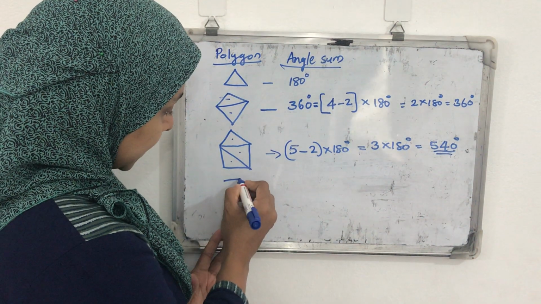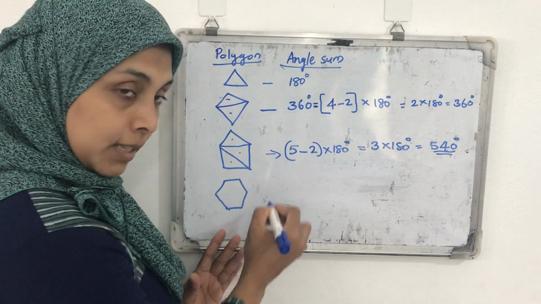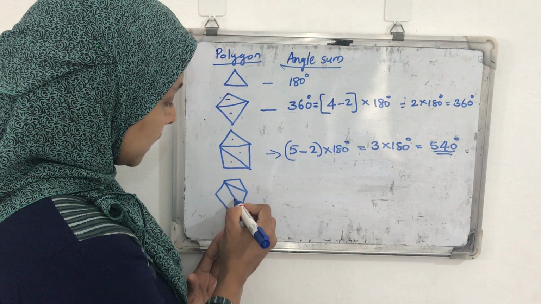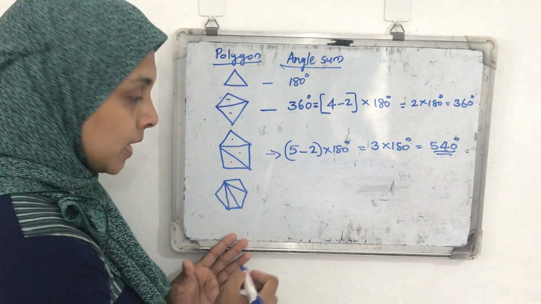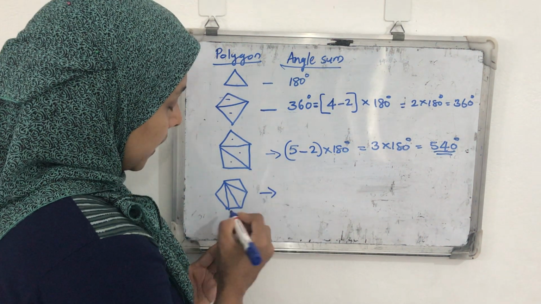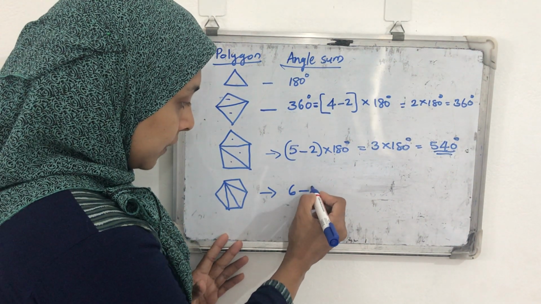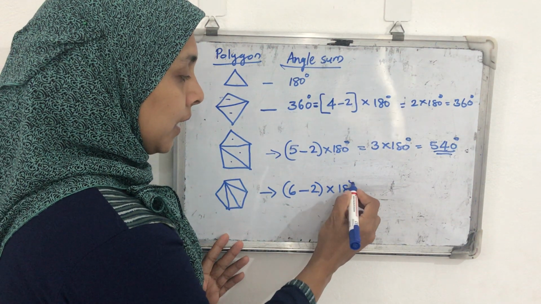Now if it is a hexagon, how many sides does it have? 6 sides. So we can divide it into triangles, and here we get 4 triangles. Its angle sum: from the total sides 6 we subtract 2, (6 minus 2) into 180 degrees.